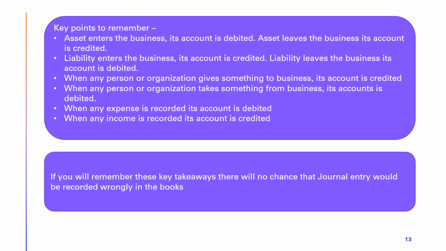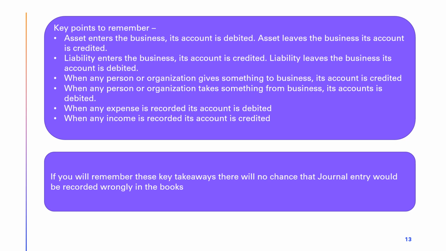Now, there are some key points which we need to remember and their rules also. Whenever an asset enters the business, may it be in any form of cash, furniture, its relevant account is debited, and whenever an asset leaves the business, its relevant account is credited.